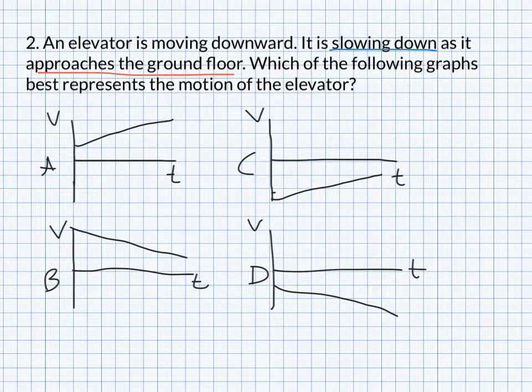So look at our first graph. This is an elevator that starts at some velocity and ends at some higher velocity. And so that clearly can't be our choice. Then look at graph D. This starts at like a velocity of -1, maybe, if there were numbers on this graph. And then it ends at a velocity like maybe -3. But think about it.